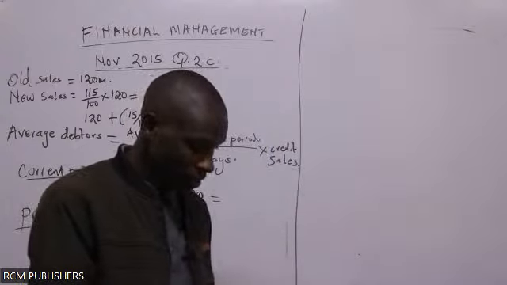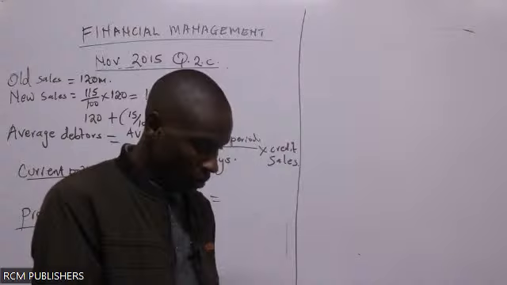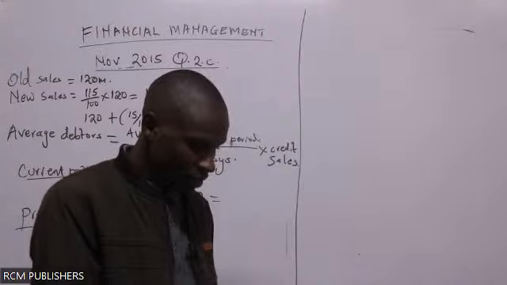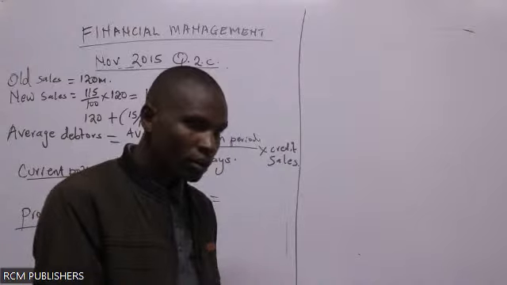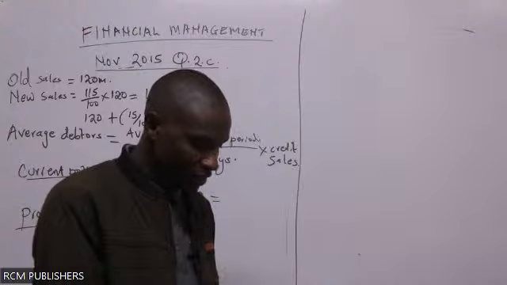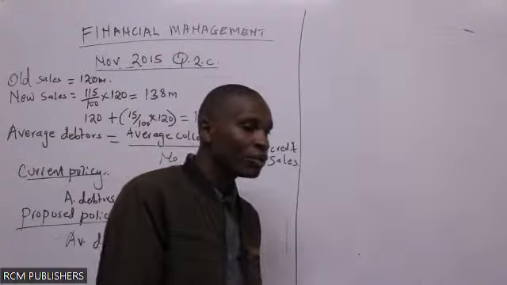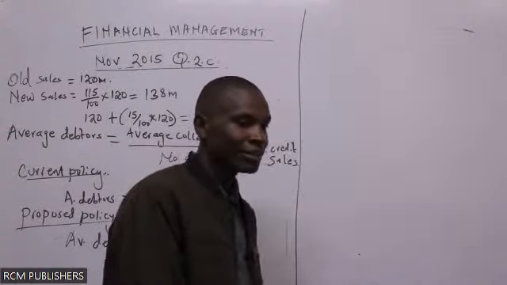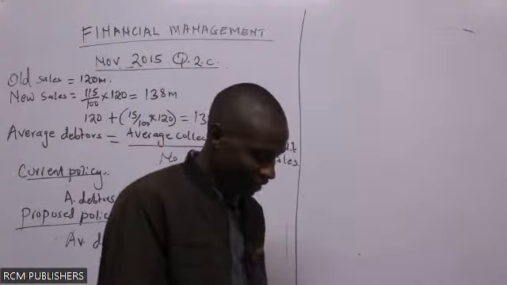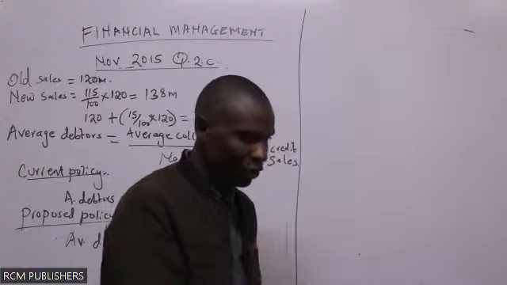Kwani mnapata wapi? Ama 60. Unatumia gani? Is it 60? The management intends to increase the credit period to net 60 days. Unajua, hiyo kuna vile inamaanisha net 60 days, but correction period naona kama ni 75.